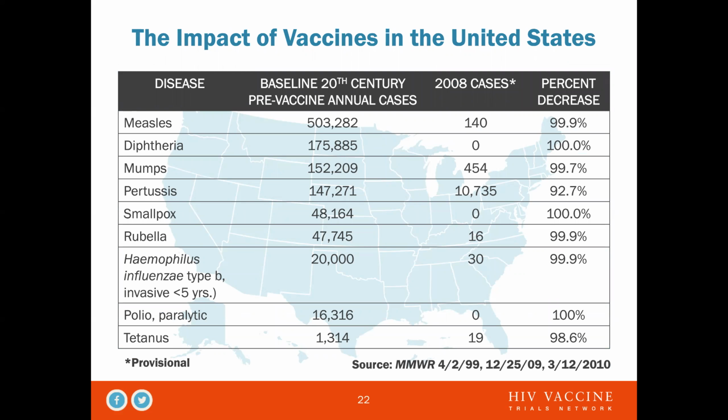And while it may take time, once we have them, vaccines have significantly reduced or eliminated a number of deadly infectious diseases. We hope one day to be able to add HIV to this list. Significant decreases are seen in the far right column.